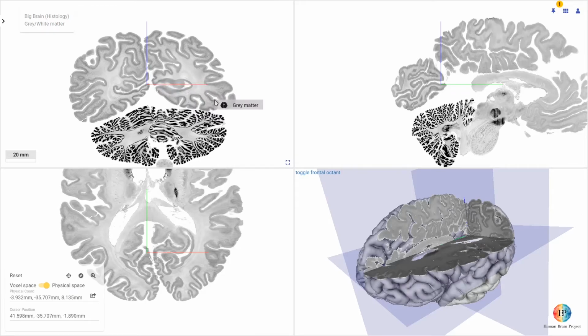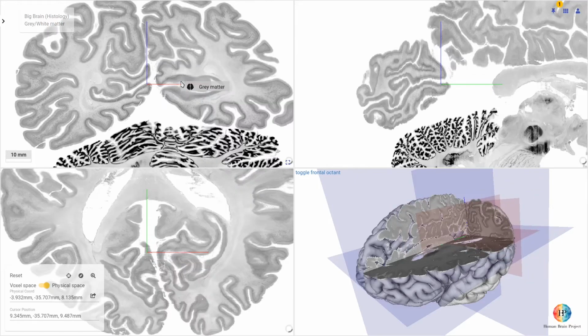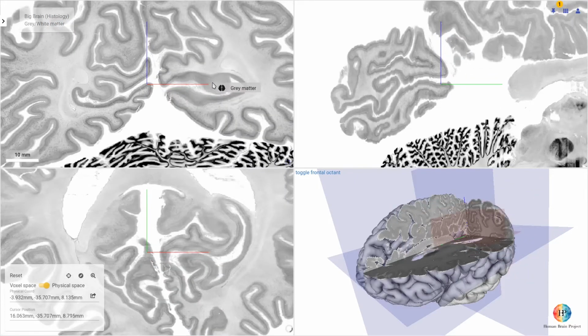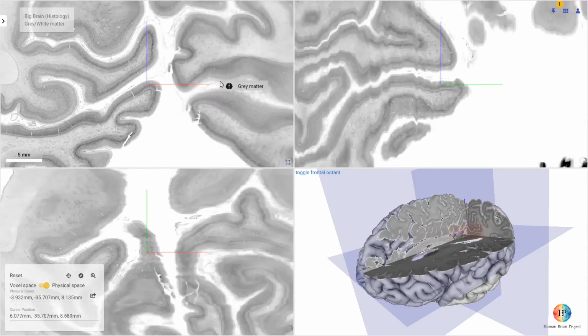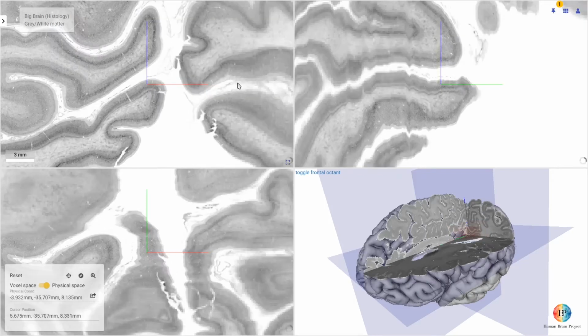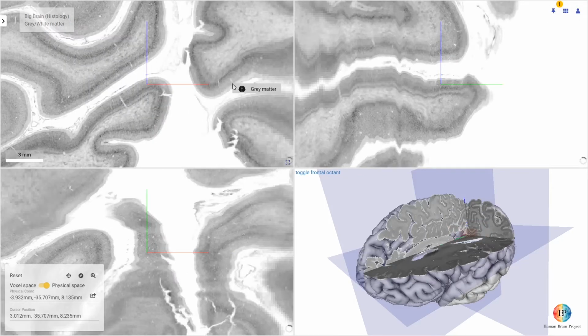So vision is a highly specialized sense. So it must have a very thick layer 4 on histologic section. And knowing that this is a histologic section, let us zoom in to that calcarine sulcus. Zoom in, zoom in, and zoom in some more.